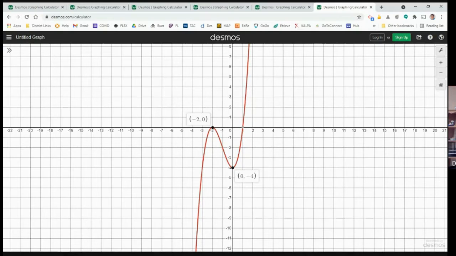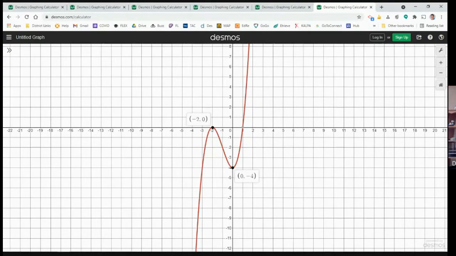Well, the y goes all the way to infinity, right? As x is getting larger and larger, it's going all the way up to infinity. So there is no maximum value for this graph. Also, that means there's no minimum value for this graph, because on the left side, as the x is going smaller, the y's are going to negative infinity.